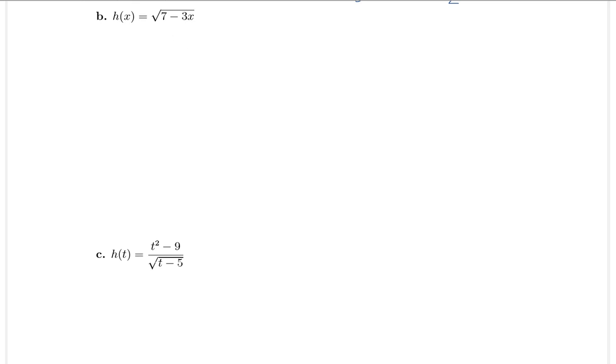Right? So we'll go ahead and write out here 7 minus 3x. And so remember, the setup is we want to say that needs to be greater than or equal to 0. Okay. Now, what I want to do is kind of show the two different algebraic ways one might go about solving this.